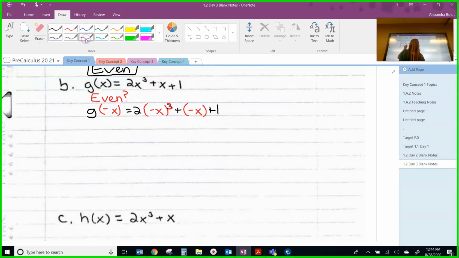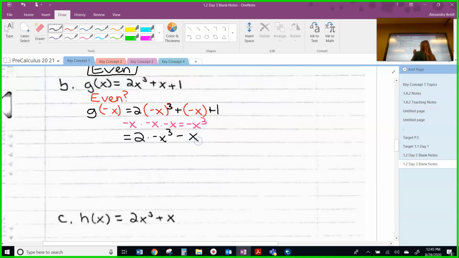So just like we did before, the opposite of x cubed is negative x, I'm only going to have it 3 times. Well, a negative times a negative is positive, times a negative is negative. So this is negative x cubed. So that's 2 times negative x cubed plus negative x, that's just going to be minus x plus 1.